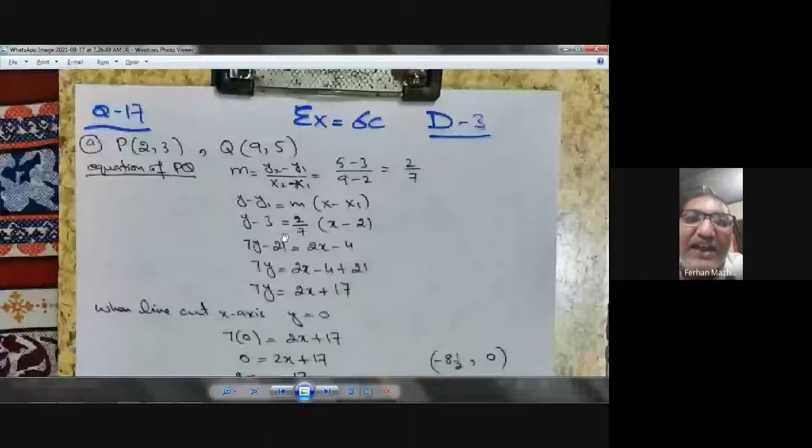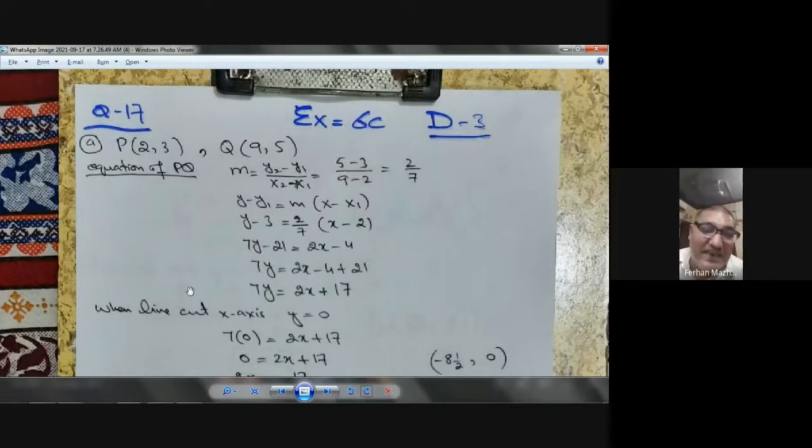This 7 is dividing here, so take it to the other side. You will have 7y minus 21 equals 2x minus 4. So 7y equals 2x minus 4 plus 21, that's 2x plus 17. Now I have the equation of the line PQ.